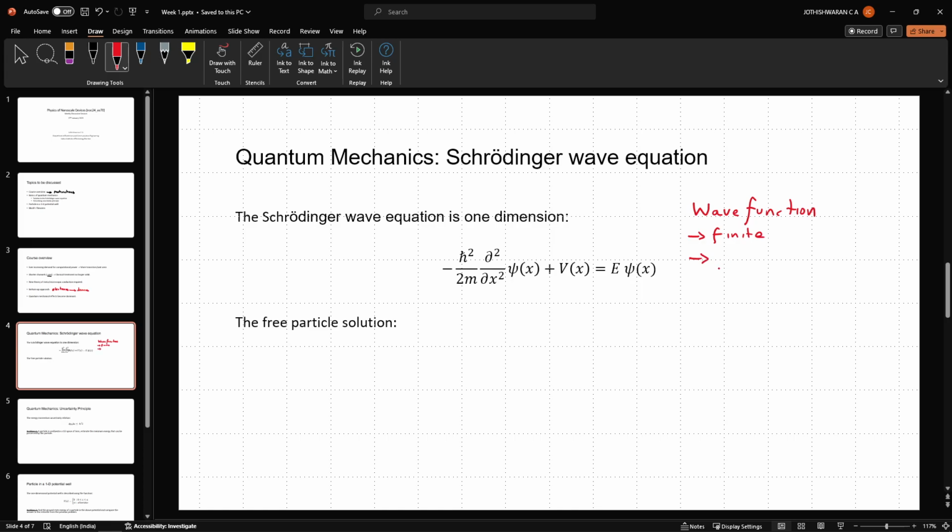Second, a wave function by and large is expected to be continuous. There are no exceptions, not generally. A wave function should always be continuous. Why? We shall see that in a minute.